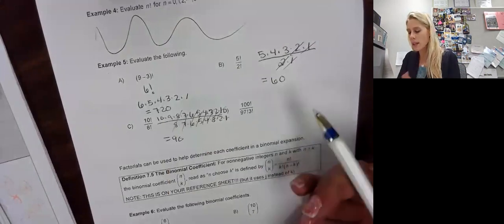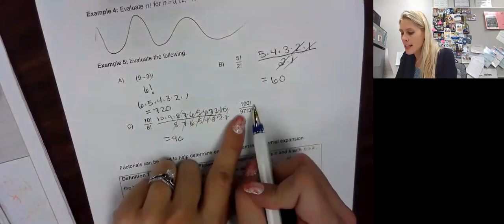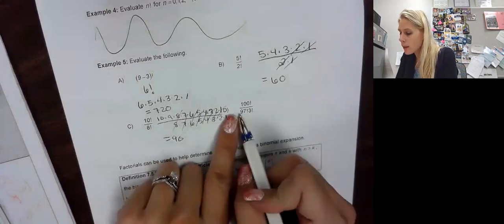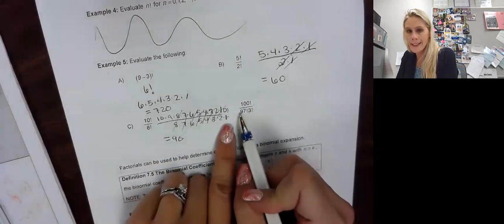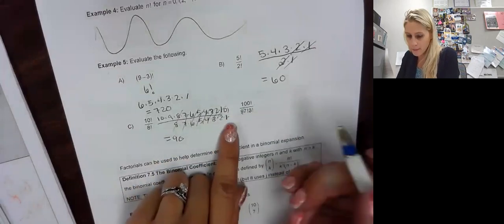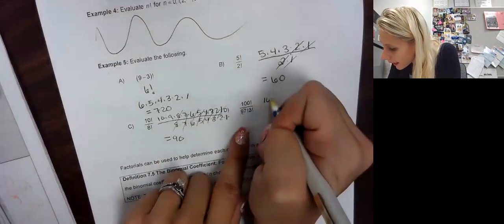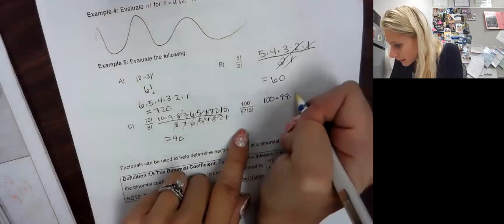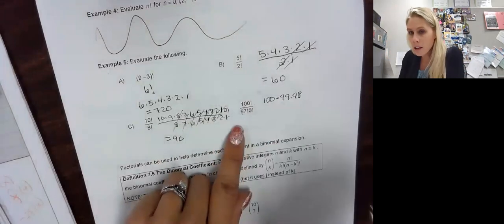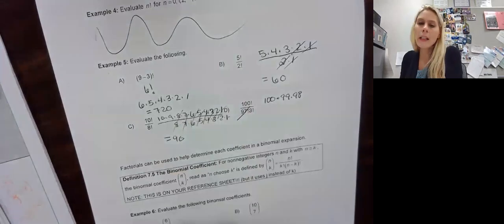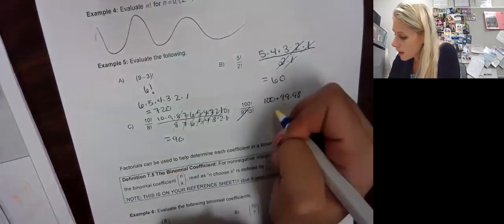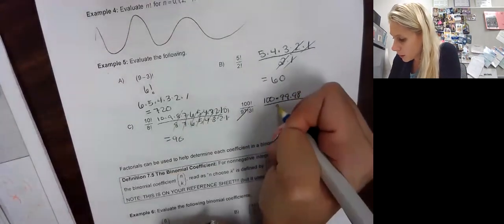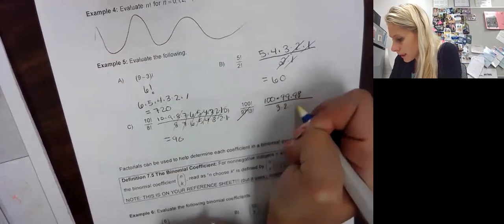So when you have that thought in your head, and I have 100 factorial, what I'm going to do is write all the way down to 97. So I have 100 times 99 times 98. Now I'm not going to write 97 because that cancels that 97 right there, leaving me underneath still 3 times 2 times 1.